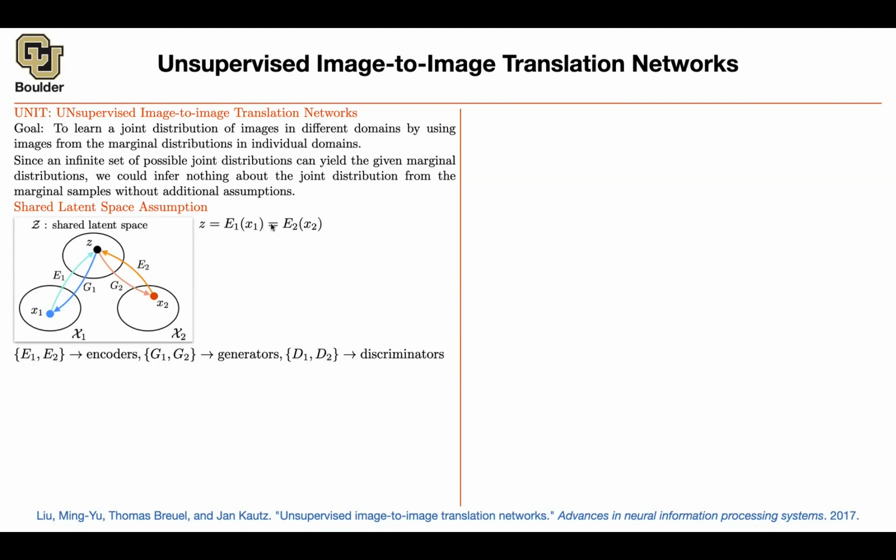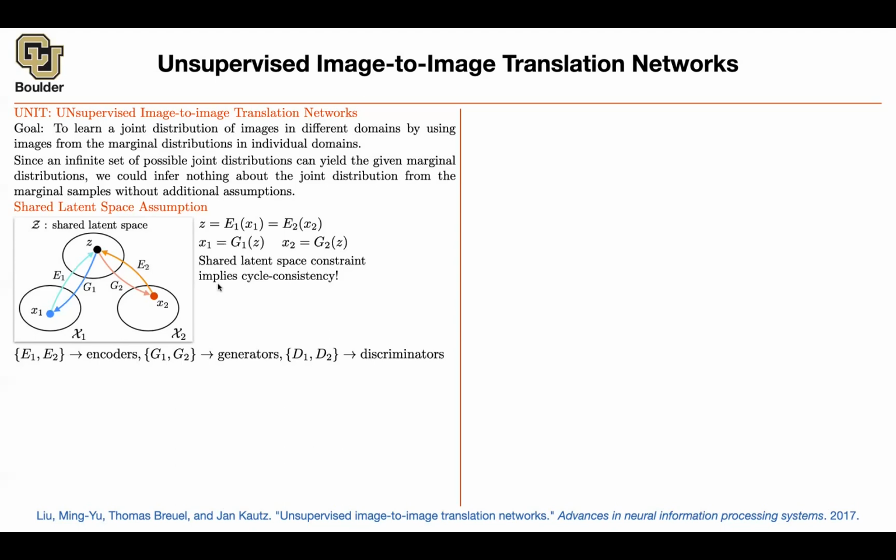This is going to be really hard to enforce exactly, but that's the role of the loss function that we're going to be writing soon to make this happen. Then if you take Z and push it through G1 and G2, that's going to give you two images, X1 and X2.